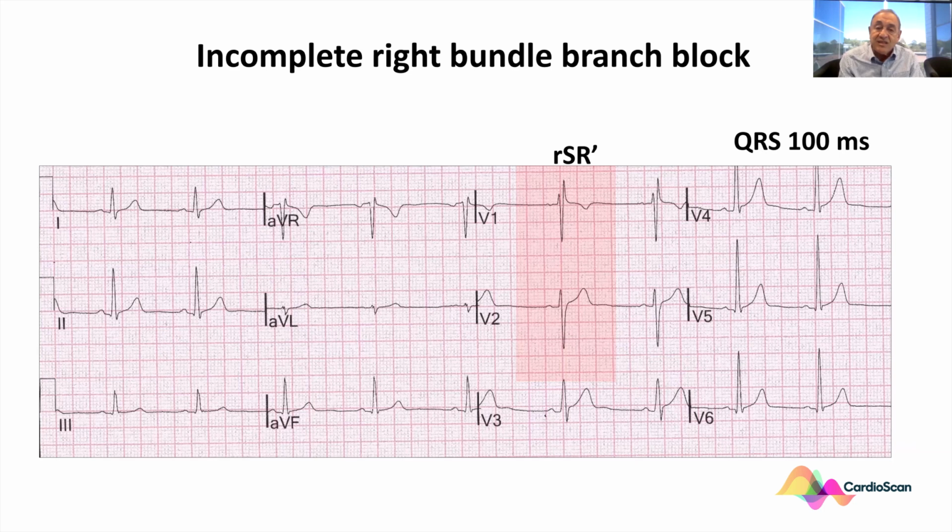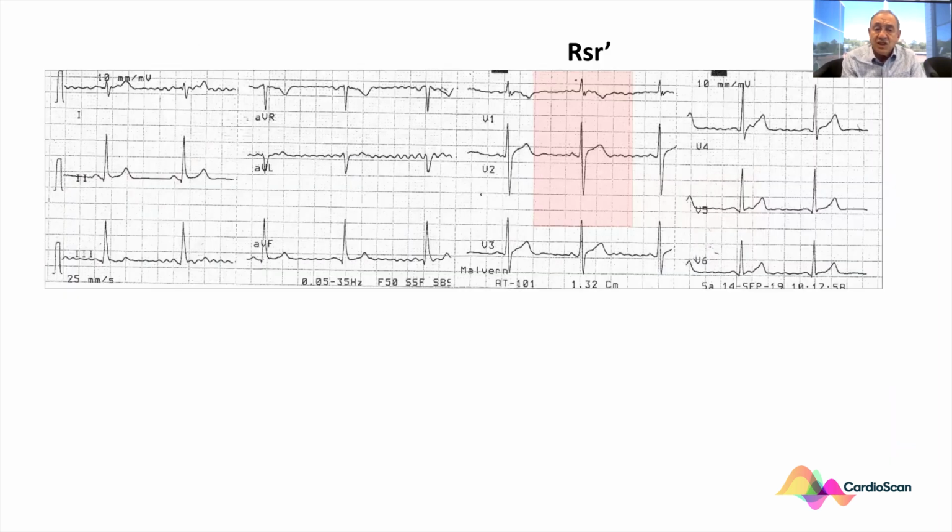But I stress to you that even though this is the case, it is still a completely normal ECG. And although it fits the incomplete right bundle branch block criteria, I believe it should be called a normal, or if you're going to call it incomplete right bundle branch block, then you should state after that a normal ECG.